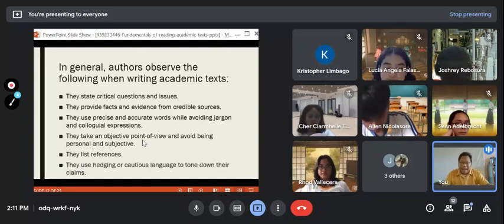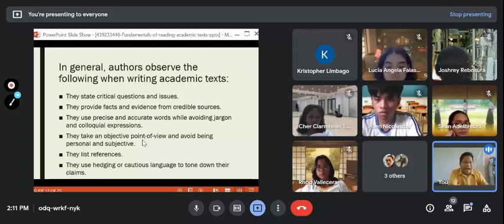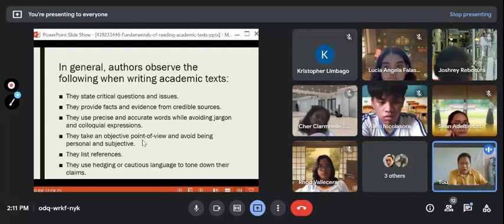They also use hedging or cautious language to tone down their claims. Hedge expressions are words like seemingly, appears, it seems. There are plenty of expressions that would tone down their claims, because if they don't, it would appear as though they are already presenting truths, or that their claims are really truthful all the while.